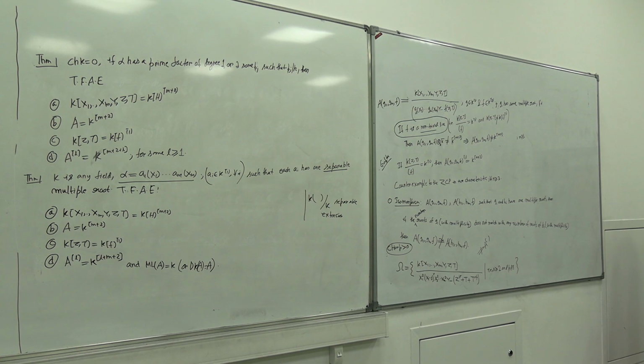Okay, you have finished? Yes, I think. Can I ask a question? This is somehow a black box for us, and as far as I understand, we need to prove two things.